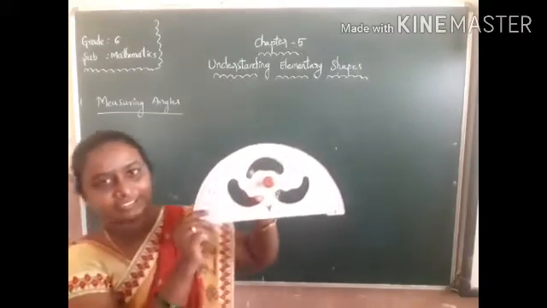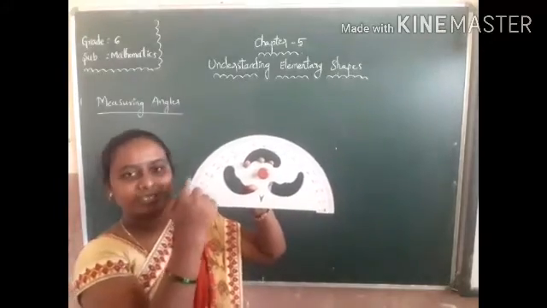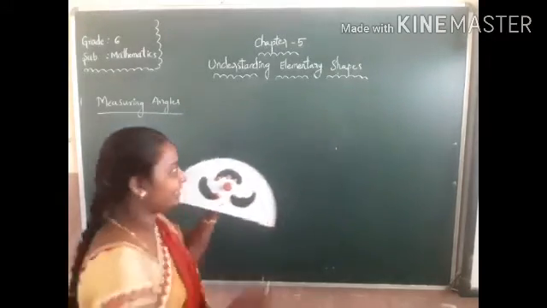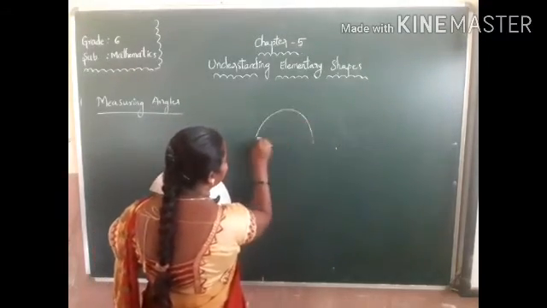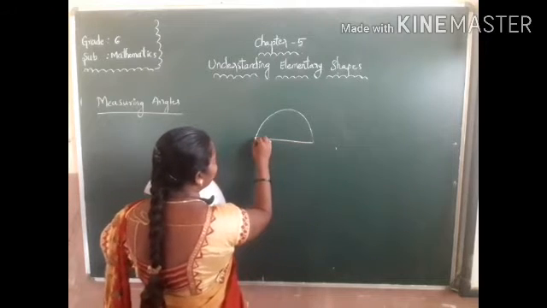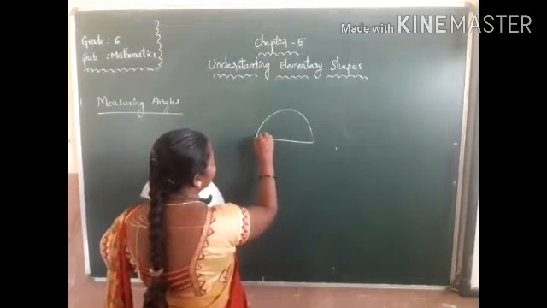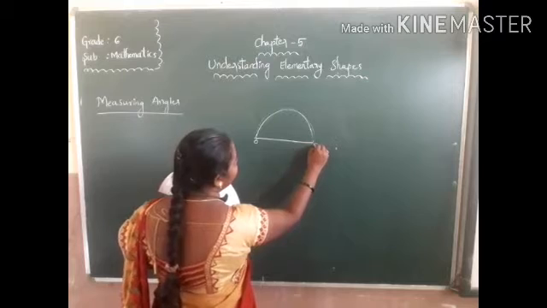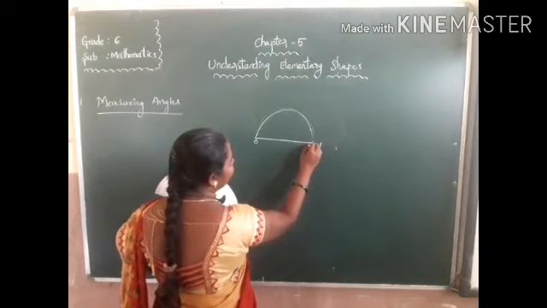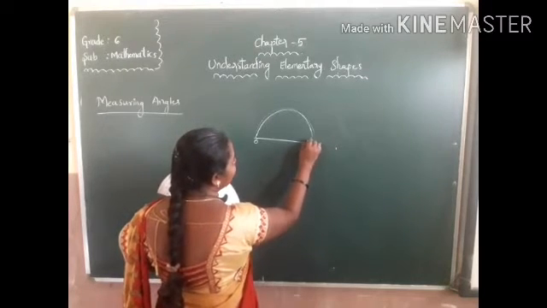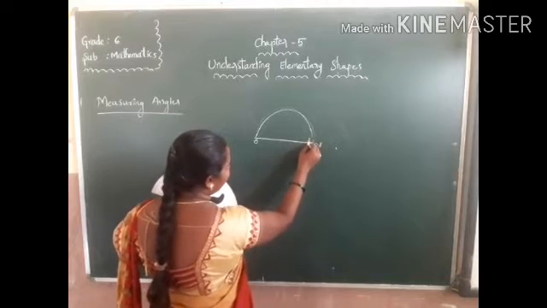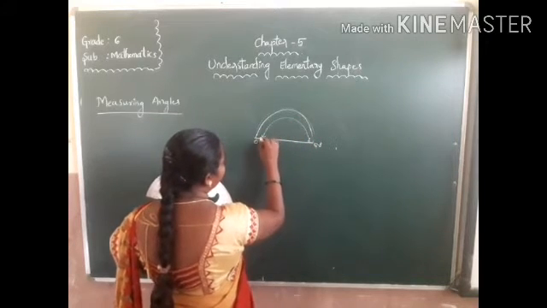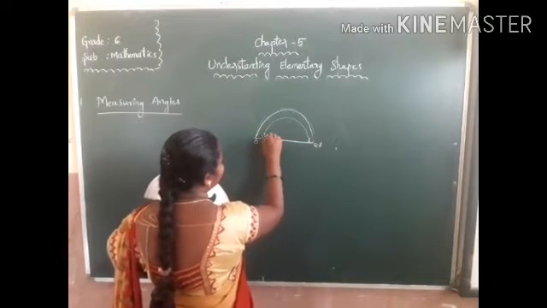If you look at this protractor, it looks like a semicircle. On the left side it ends at 180 degrees, and 0 degrees starts from the right side.